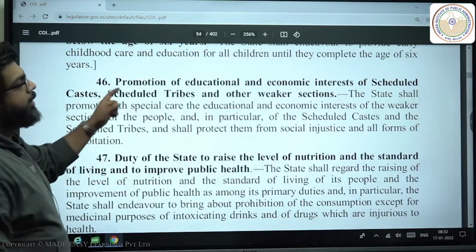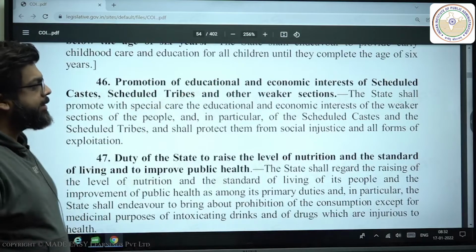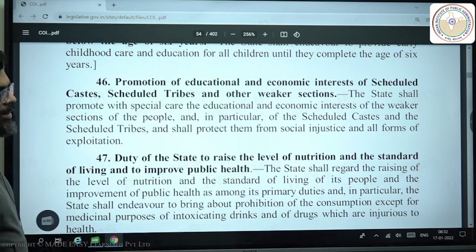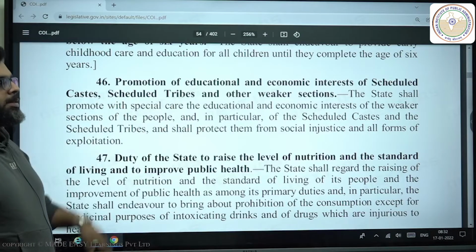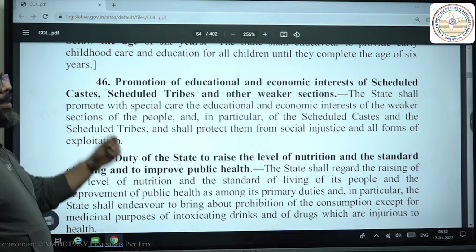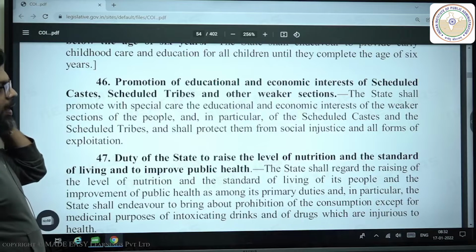Promotion of educational and economic interests of scheduled castes, scheduled tribes and other weaker sections. This is a directive principle of state policy, which means when the government wants to, it can implement the provisions of Article 46.